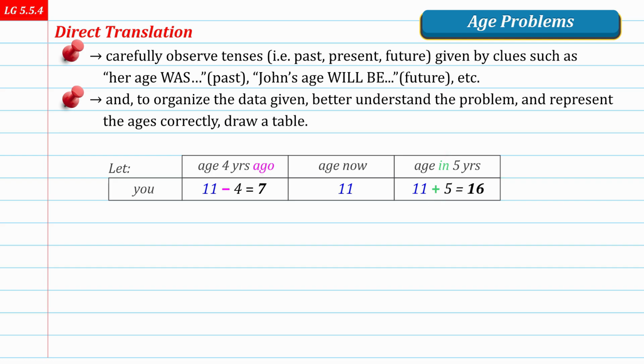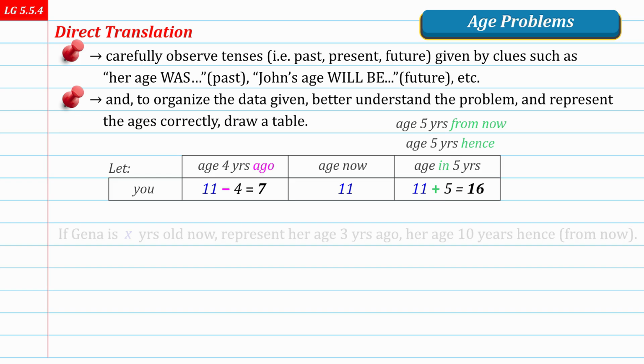From this example, we have learned that if we know the present age, the age now of a person, we can actually get the age at any point in time. If it's in the past, subtract the number of years. If it's in the future, when you see the words "from now" or "hence," you simply add to the present age. Now, let's bring in algebra.